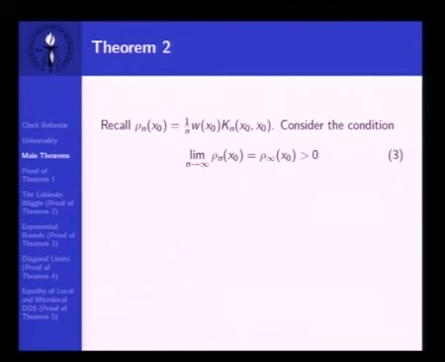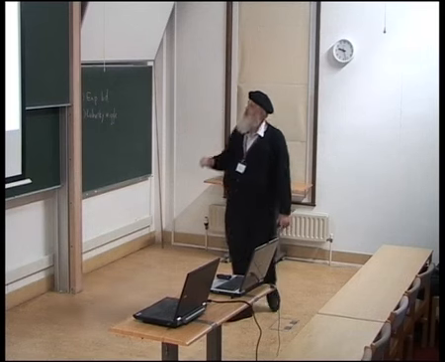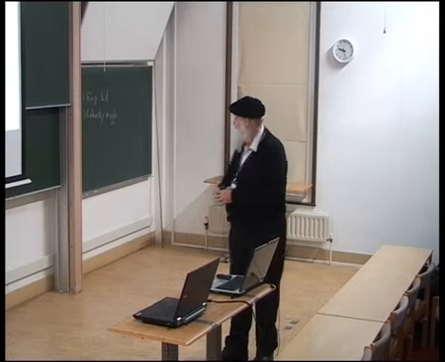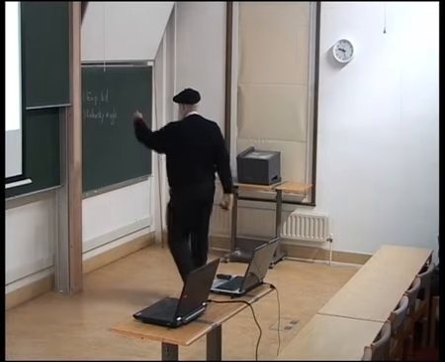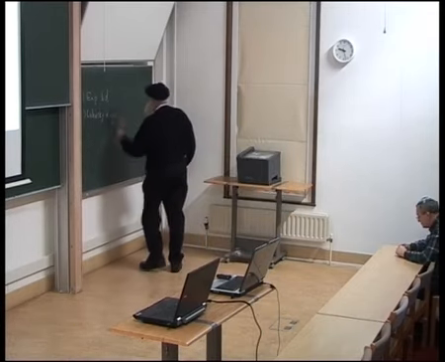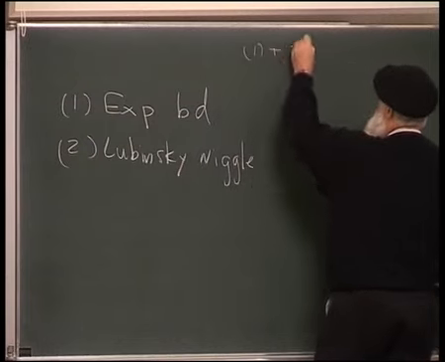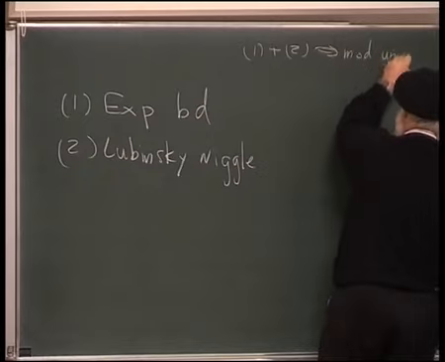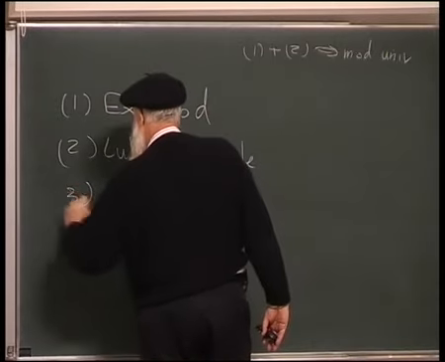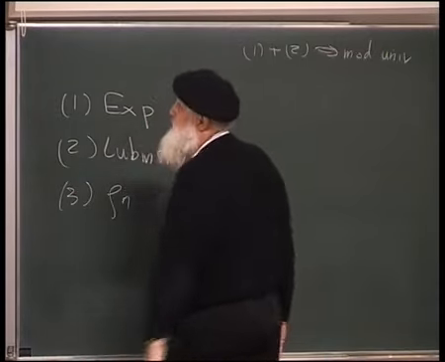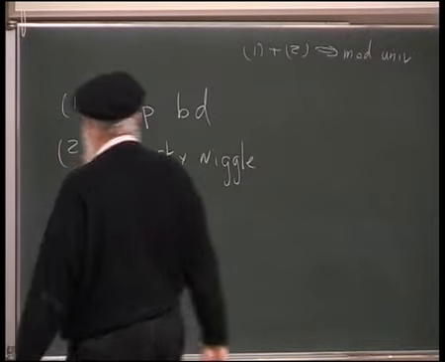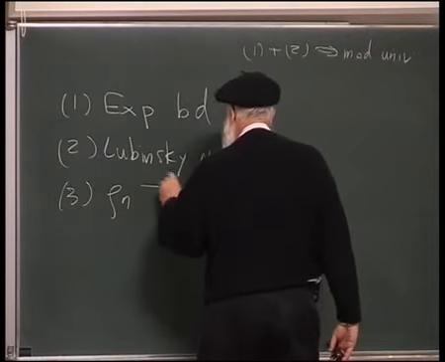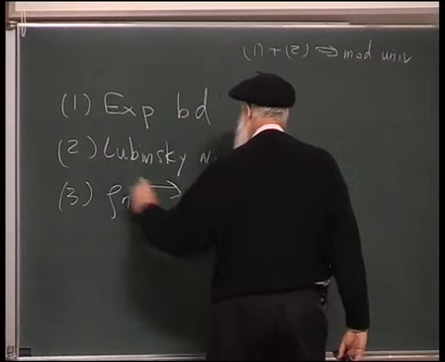Theorem 1 says when you have the exponential bound and Lubinsky wiggle, so 1 plus 2 implies modified universality. Condition 3 says that this approximating rho n actually has some limit that I'll call rho infinity.